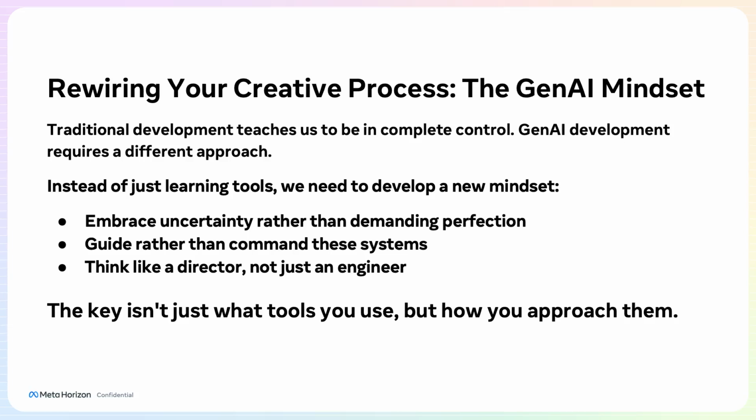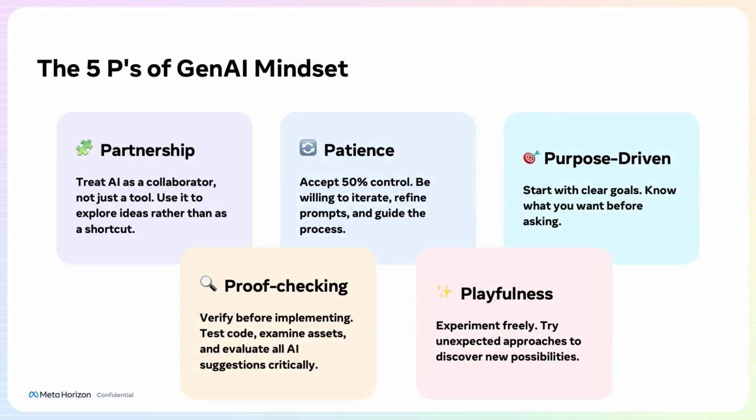The key isn't just what tools you use, but how you approach them. And the 5 P's of Gen AI mindset. I'm not going to read through all of these. Just know it's partnership, patience, purpose-driven, proof checking, and playfulness. Really just have fun with AI and see how far you can push it.